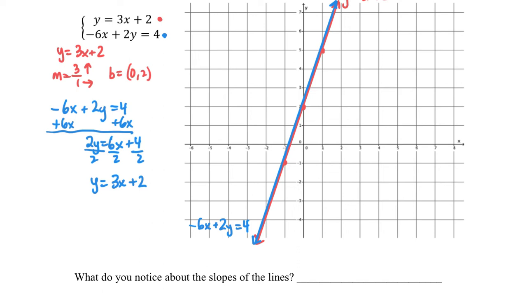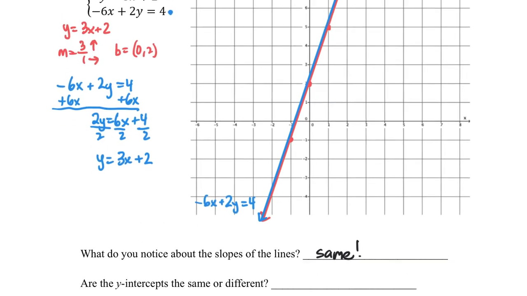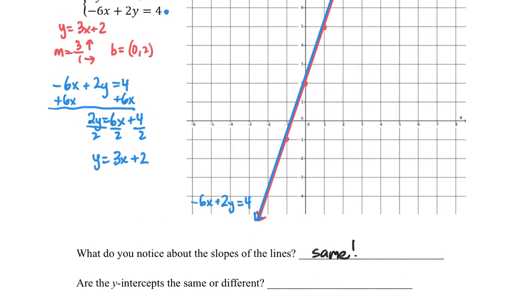The slope of the bottom equation is 3. So the slopes are the same. The y-intercepts, however, which is the next question on the page, are they the same or different? Well, this one has a y-intercept of 2. This one also has a y-intercept of 2. So the y-intercepts are also the same.